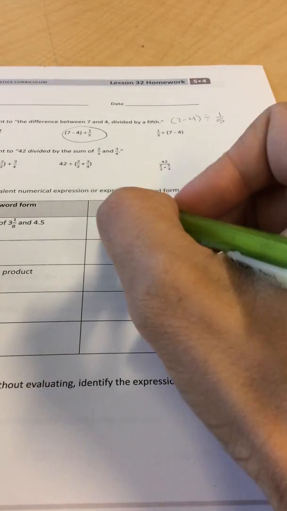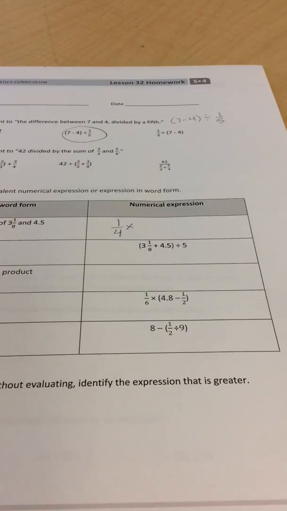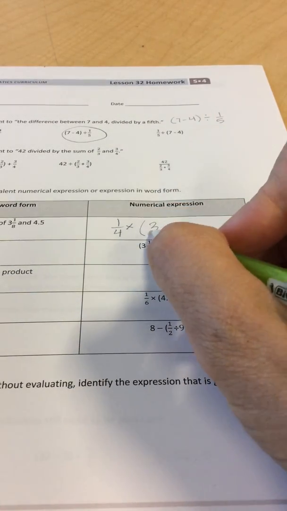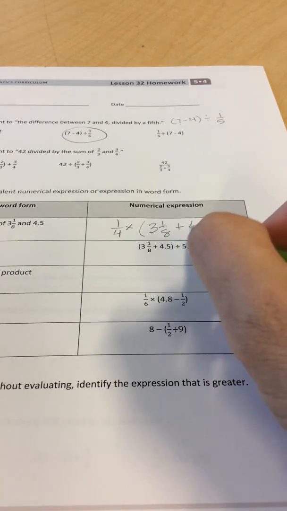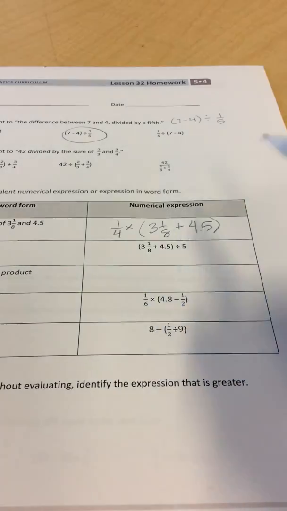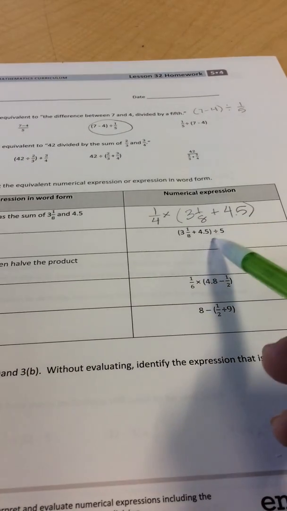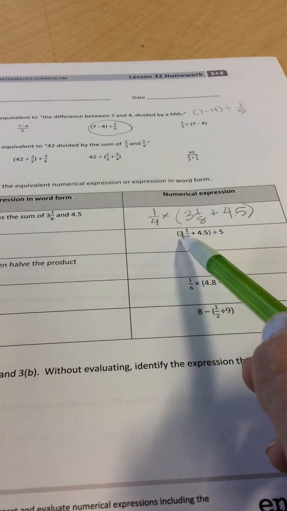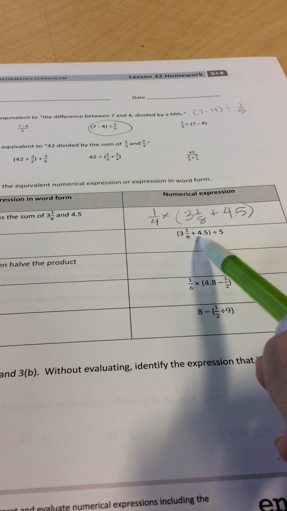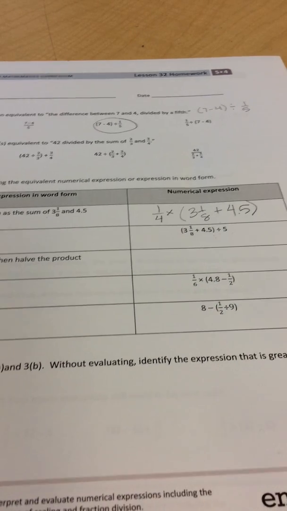So I know that 1/4 as much as, so that would be 1/4 times 3 1/8 plus 4 5/10, and I know that we're adding there because it says sum over here. For this one, you could write out the words that say the sum of 3 1/8 plus 4 1/5 divided by 5. That would be a good way to go about that one.